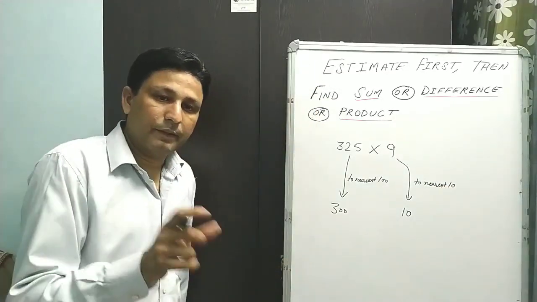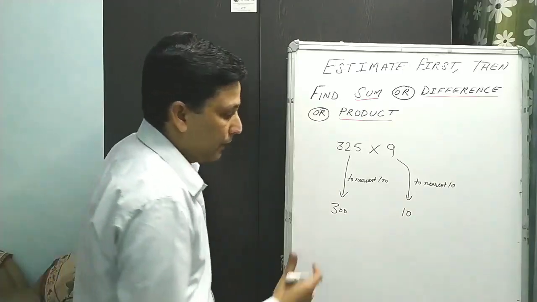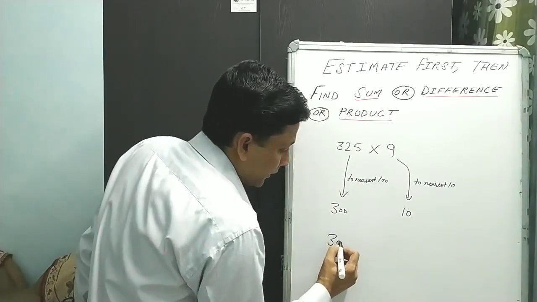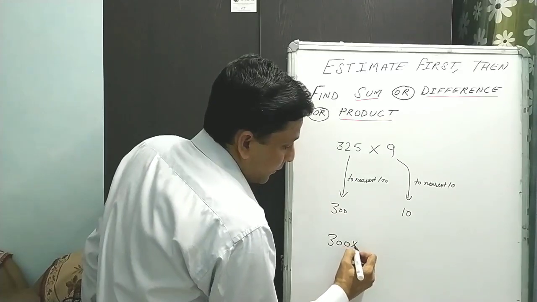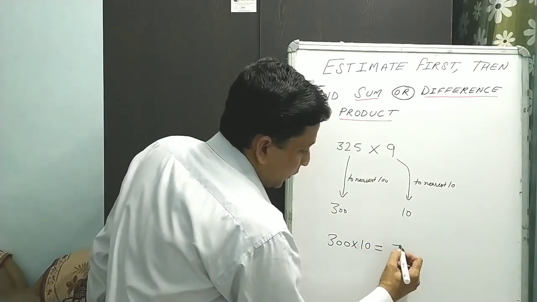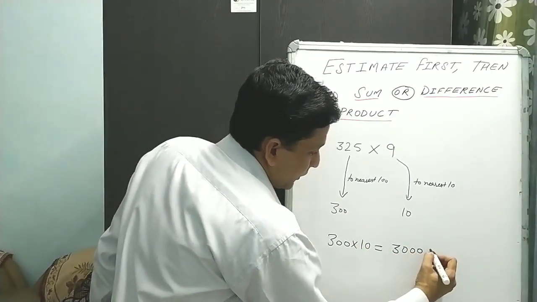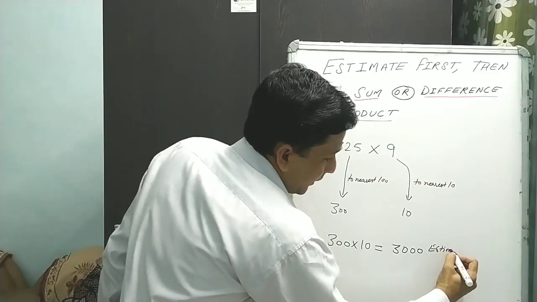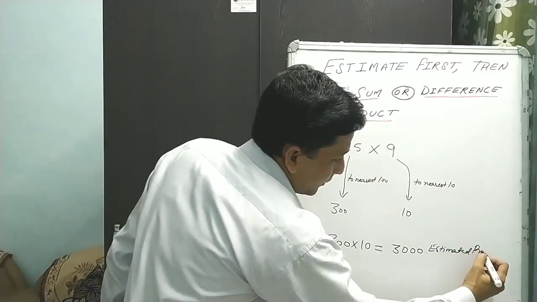After converting we will multiply these two integers to each other, that is 300 multiplied by 10, we will get 3000. This is the estimated product.